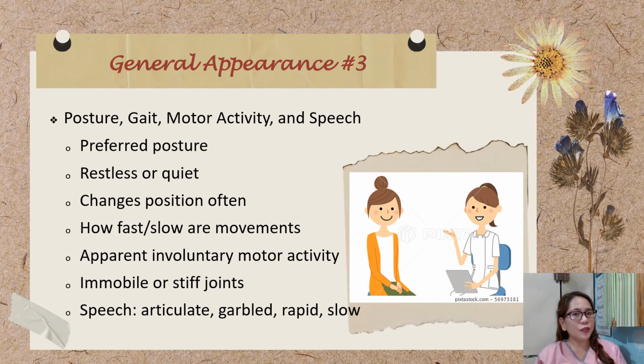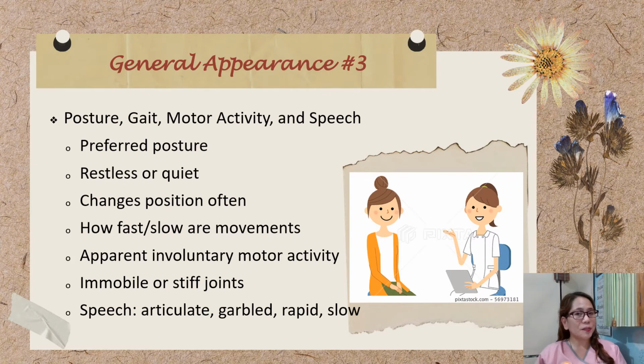To continue with your general survey, you have to observe the posture, the gait, the motor activity, and the speech of your client. So before calling the name of your client, remember to observe the preferred posture of your client.